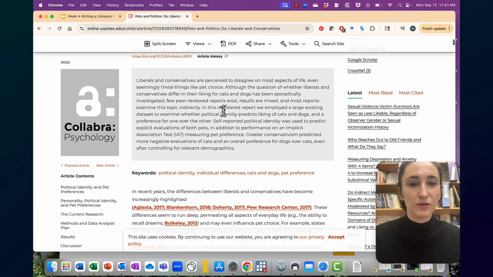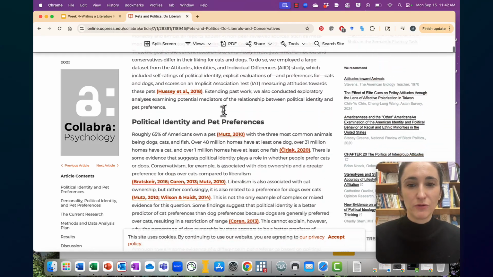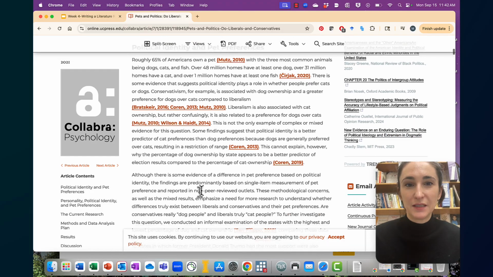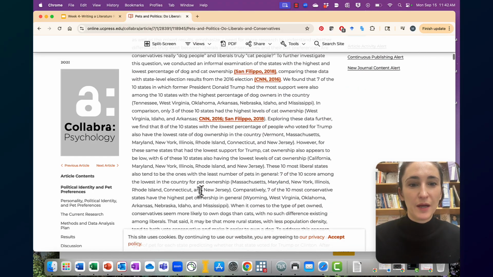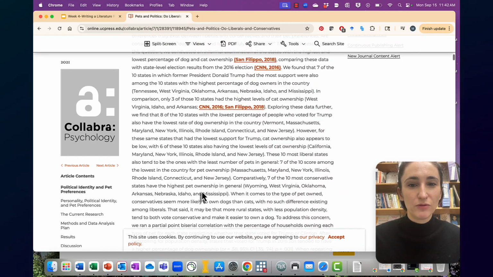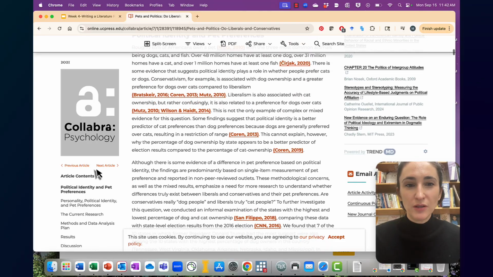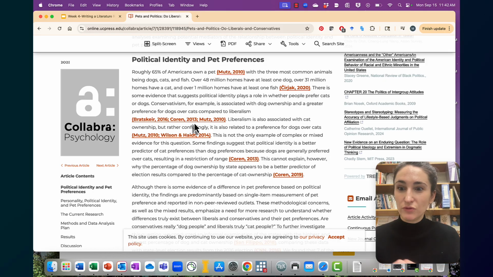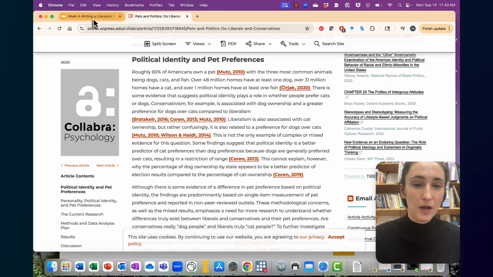I can look through the abstract and the paper, and look, there's a lot of stuff here already on political identity and pet preference. And there are some citations as well, right? So when I find a good study, I can pull these citations too and use them for my project, okay?